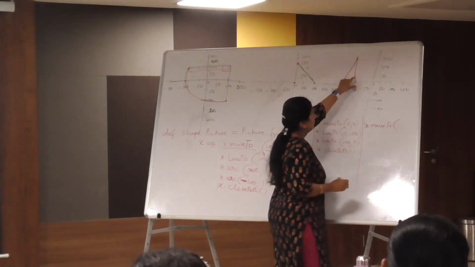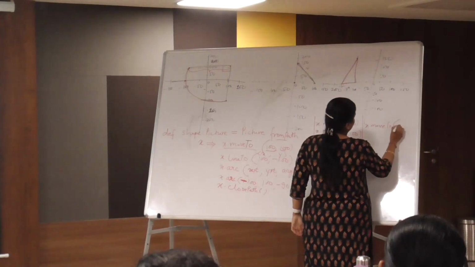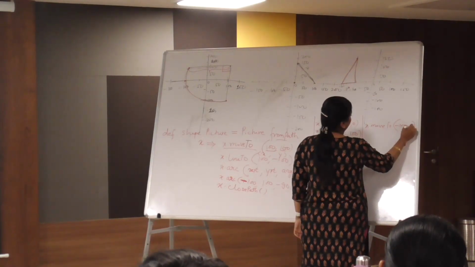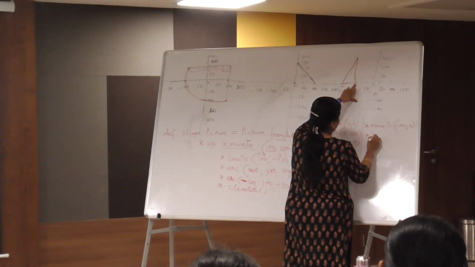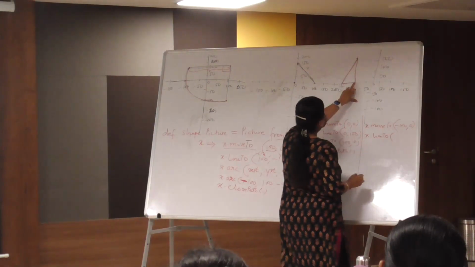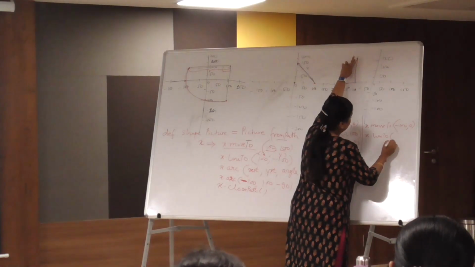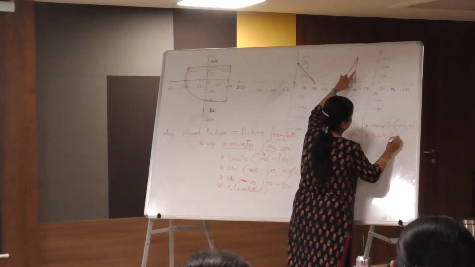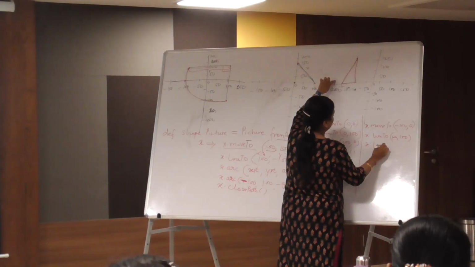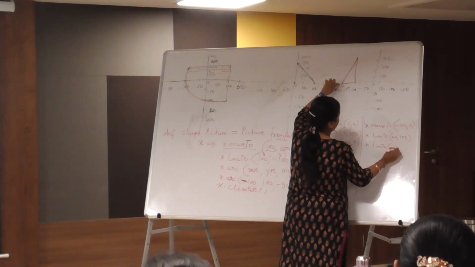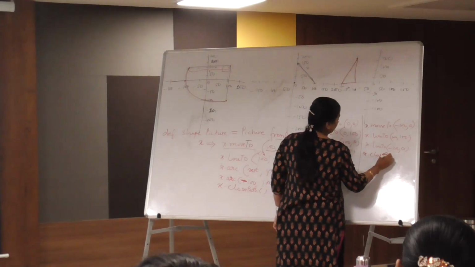What will be x dot move to here? Minus 100, 0. Correct? Then x dot line to, what will it be? Minus 100, 150. Again, x dot line to minus 200, 0. And then x dot close path. Are we all getting it?